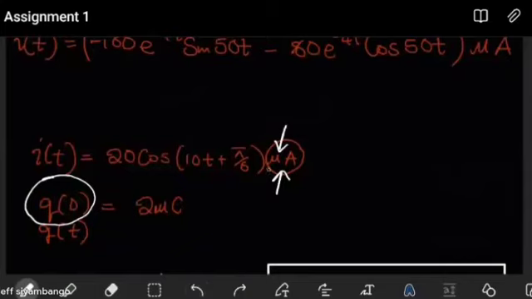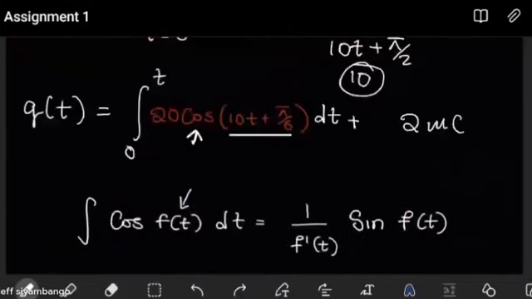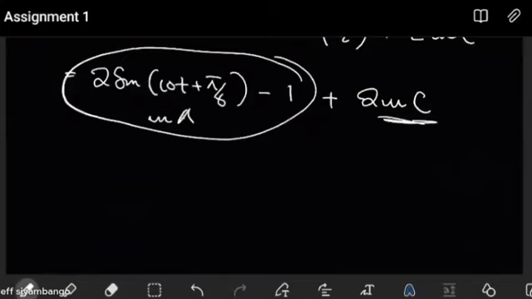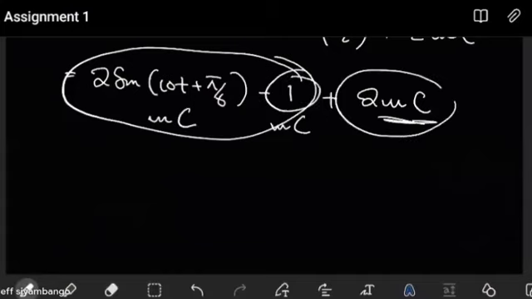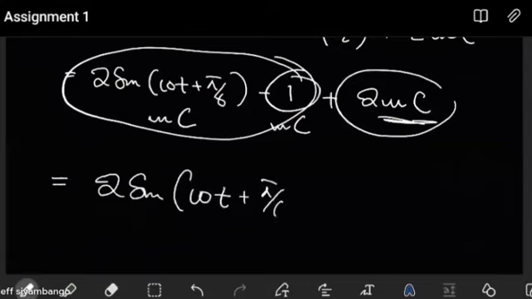Here we did not. Sorry, this is charge, so it would be microcoulombs. This and this are actually like terms. So our overall solution will be 2 sine 10t plus pi over 6, and then plus 1, and this will all be in microcoulombs.